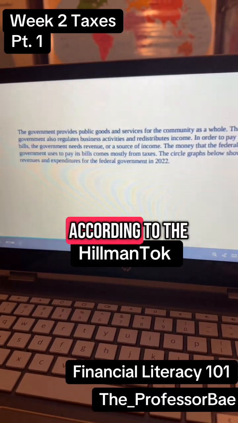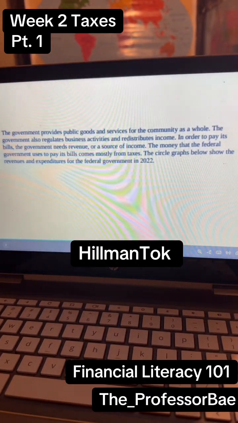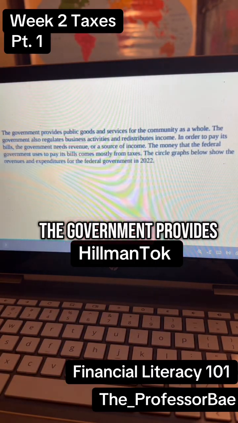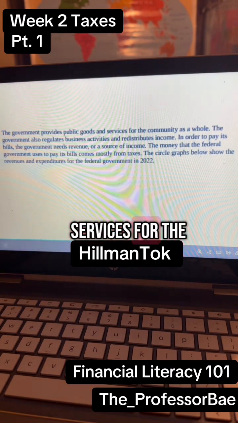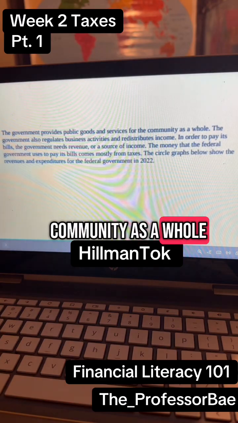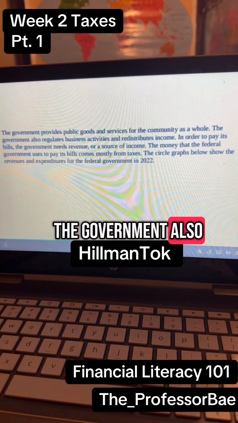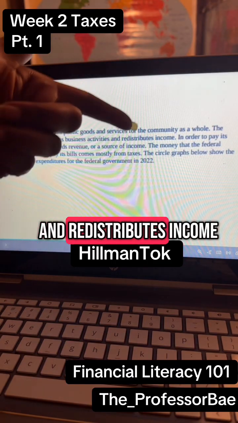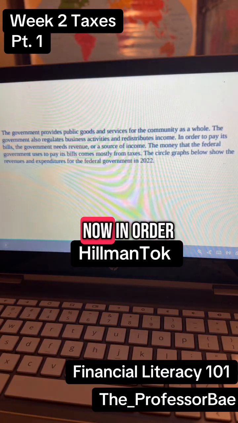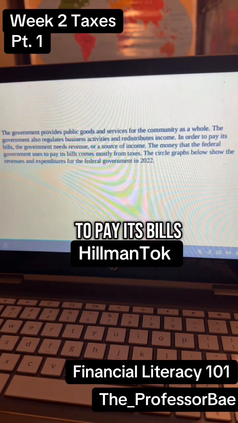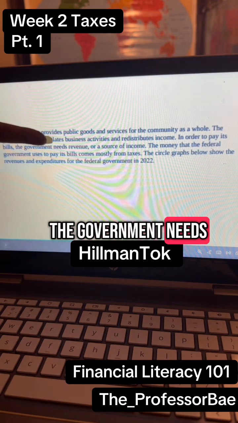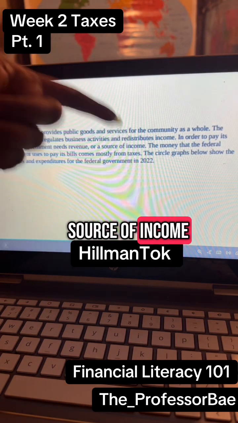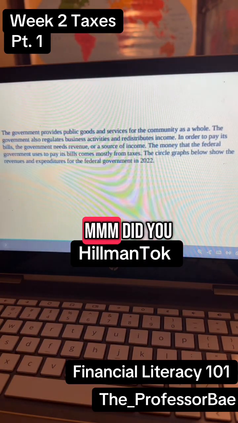Okay. Now, according to the IRS.gov, the government provides public goods and services for the community as a whole. The government also regulates business activities and redistributes income. Now, in order to pay its bills, the government needs revenue or a source of income. Did you know that?